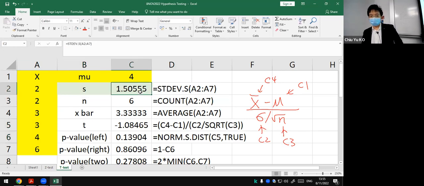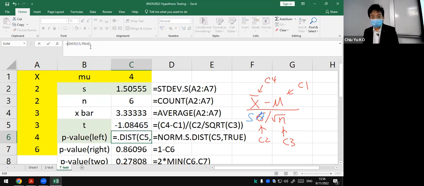The first line, S, no problem; N, no problem; X bar, no problem. But now we are no longer using Z but T, though the answer is the same. The only difference is this is no longer sigma but S. Besides these changes, these also change automatically because you're no longer using the norm but the T. And the degree of freedom is 6 minus 1.